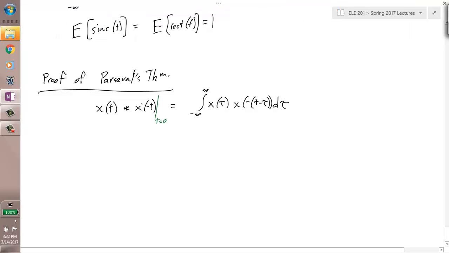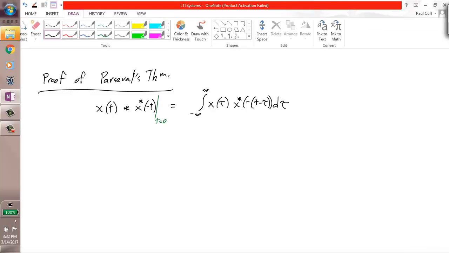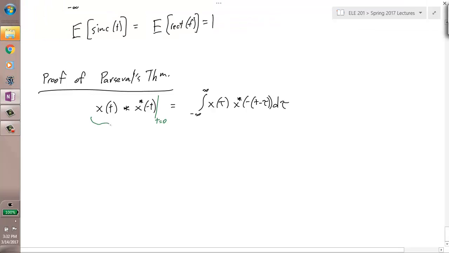I actually want the one flipped backwards to be the conjugate. Sorry about that. Sometimes I think of these signals as real and I forget to add the conjugates. So take x of t, convolve it with itself flipped in time and conjugated. It seems like a weird thing, but believe it or not, there's a name for this type of convolution. This is called the autocorrelation function.